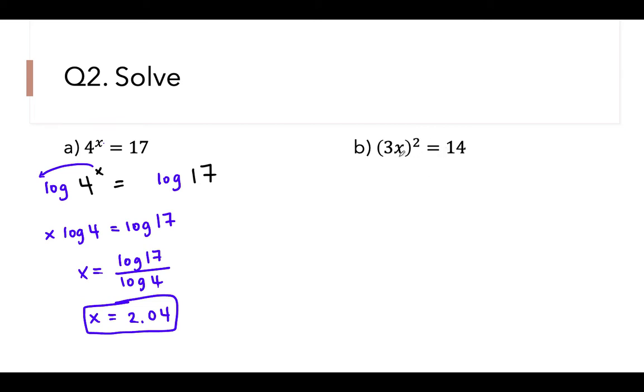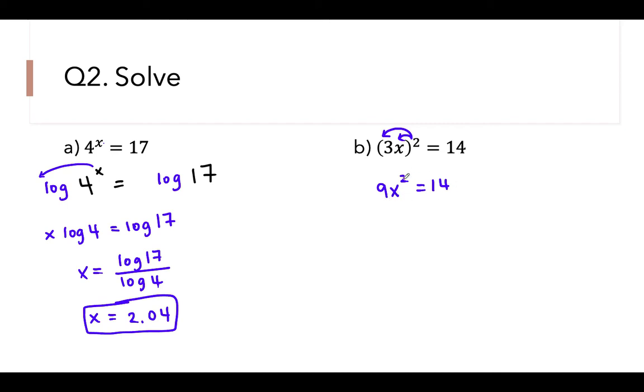Next. Okay, so we have 3x squared. So I'm going to distribute the exponent to my coefficient and the variable. Don't forget the two of them. So it's going to be 9x squared equals 14. Again, you will notice that 9 and 14, I can't make the same base. So what I could do is, well, this is actually simple. You don't have to use logarithm.